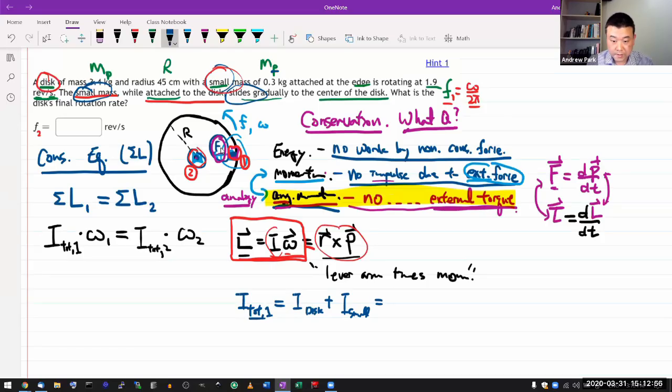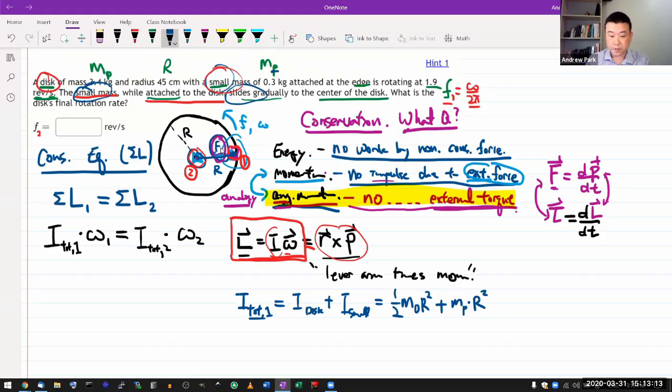For the disk, I know it's 1/2 the mass of the disk times the radius of the disk squared. For the point mass at distance r, the rotational inertia will be the mass of that point mass times r squared.